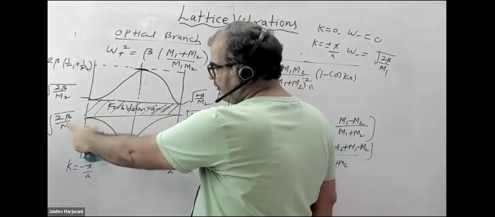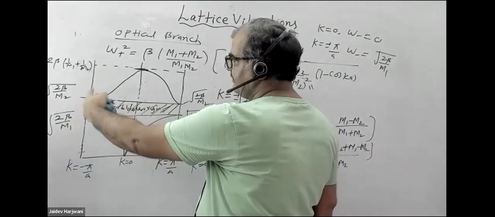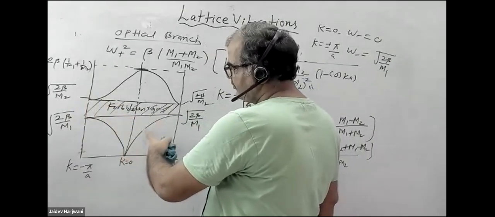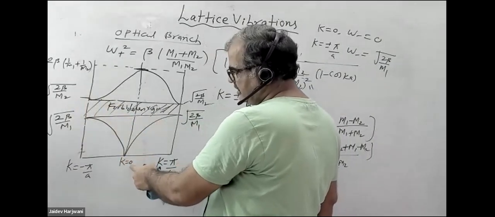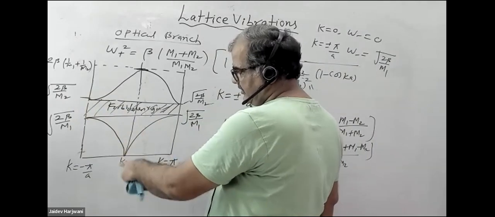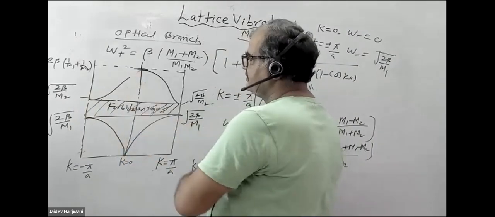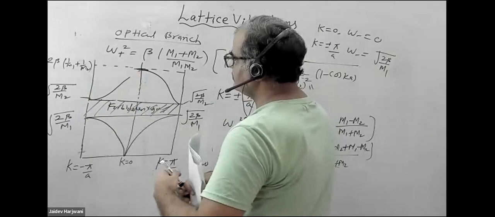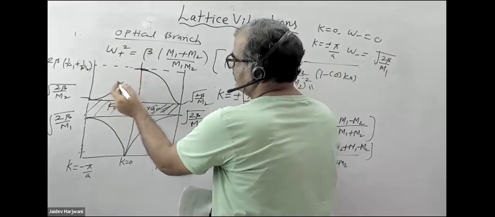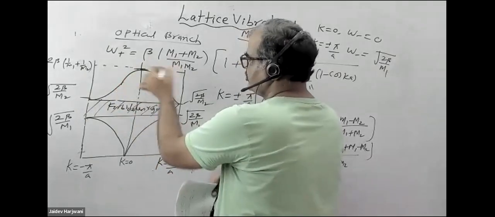Near the boundaries the values are 2 beta upon m1 and 2 beta upon m2, and here it is proportional to k. Your acoustic branch is proportional to k, and your optical branch near k equal to 0 is almost constant, and the constant should be equal to this one.